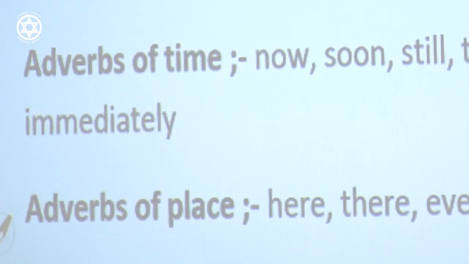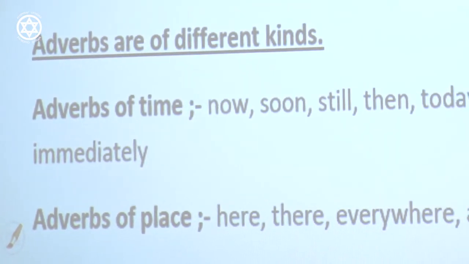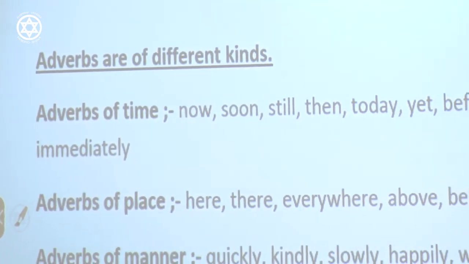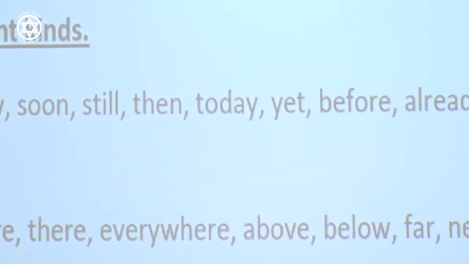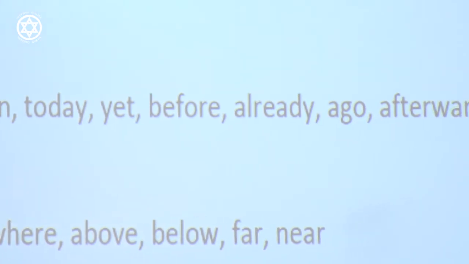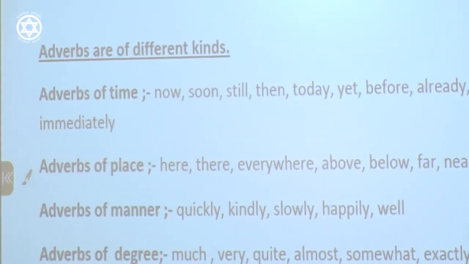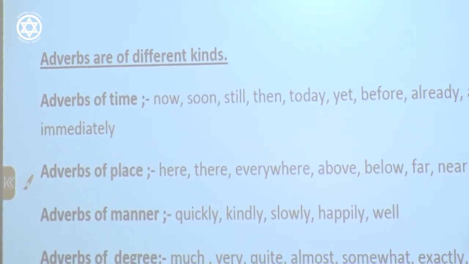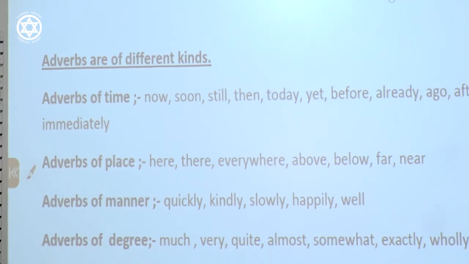Adverbs of time. I have given you some words here. Look at these words: now, soon, still, then, today, yet, before, already, ago, afterwards, immediately. All these belong to the category of adverbs of time.